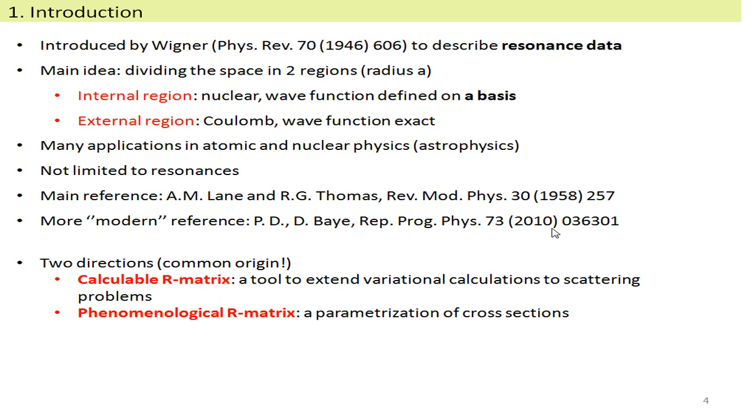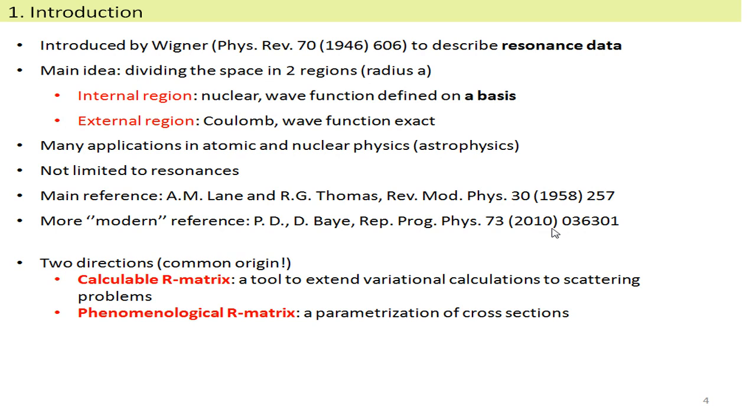So we wrote, with Daniel Baye, a report in Reports on Progress in Physics with a more modern presentation. I will show you what is more modern, and also several simple examples, which is how we are going to do this afternoon, so that you can easily repeat them yourself to understand the R-matrix.